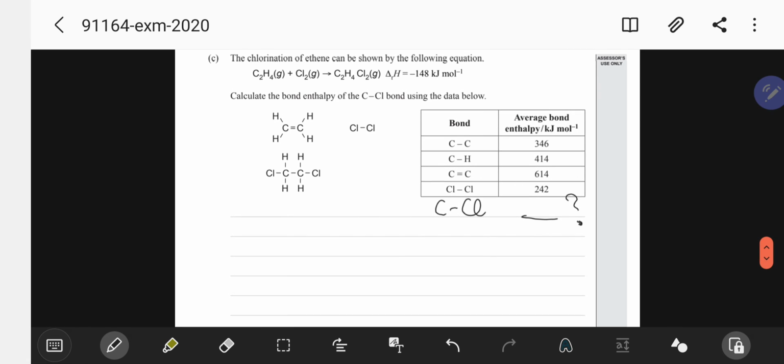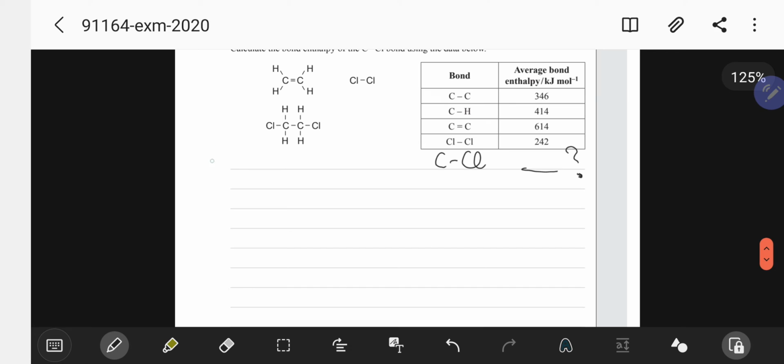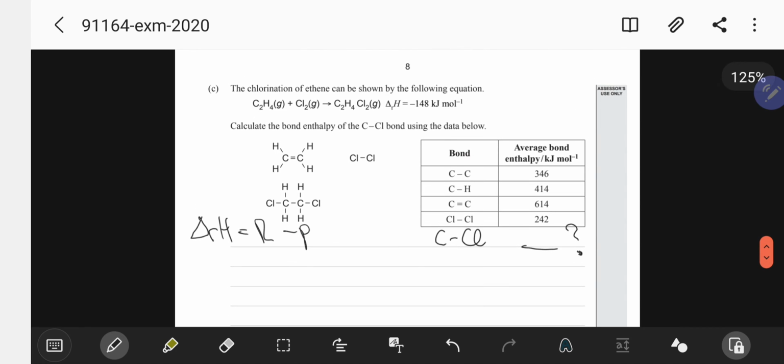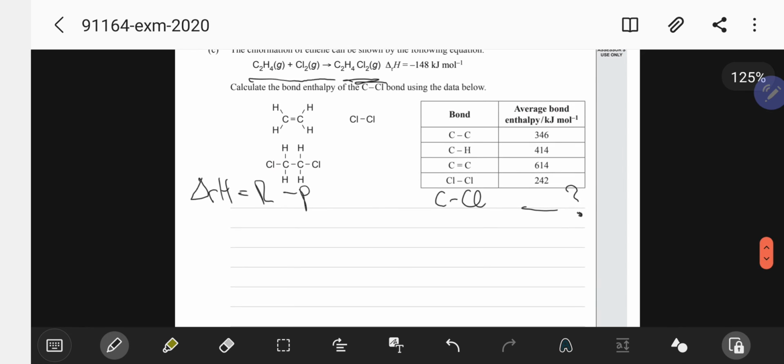To get this, we have to use this formula: change in enthalpy equals the reactants minus products. So this is these reactants here minus these products here. We'll do reactants first. We'll add up all these bond enthalpies.